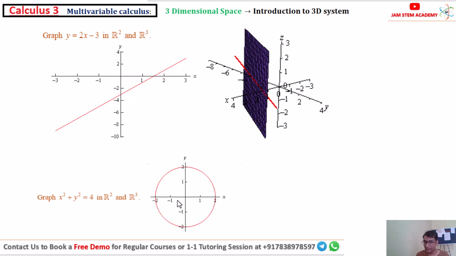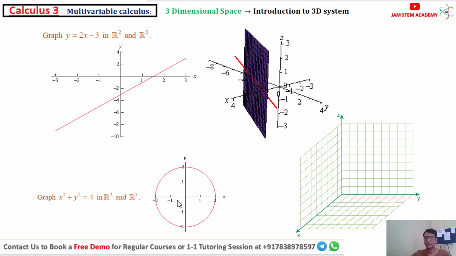So in 3D, I need my z-axis also. What I have actually is a circle in 2D. I can draw a circle over here, but I have to generalize it in 3D, so I will get more and more circles along the same height.